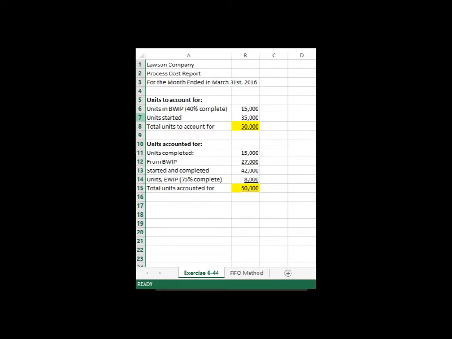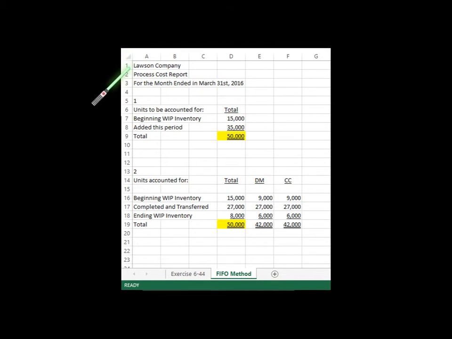Also, notice how I still remain highlighting the units to account for, total units to account for, and total units accounted for must balance. Now I am going to show you how to complete the problem using the FIFO method from this whole physical flow schedule.